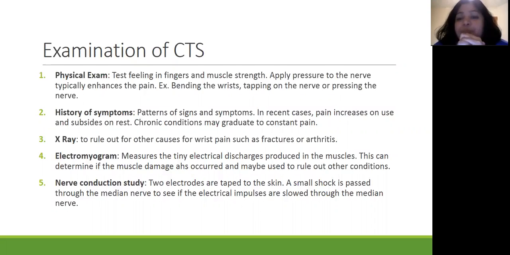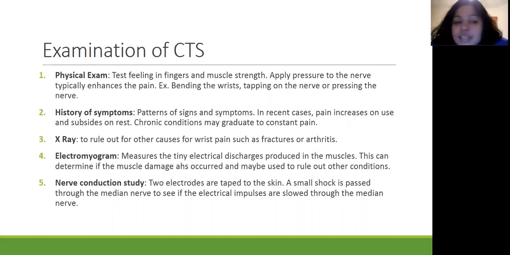They may also apply pressure to the nerve. And if you're applying pressure to the nerve, of course, that typically enhances the pain. So for instance, that includes bending of the wrist or tapping on the nerve or even pressing down, compression of the nerve itself, to check the intensity of these symptoms and also indicate maybe if there's any further damage, okay?